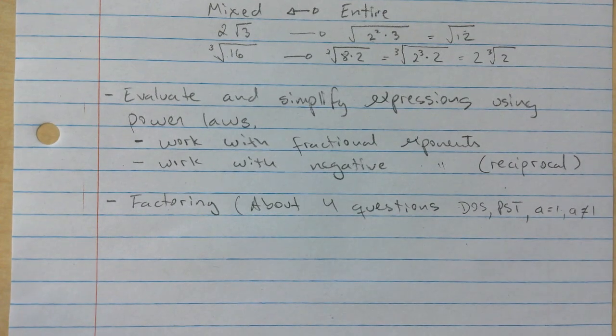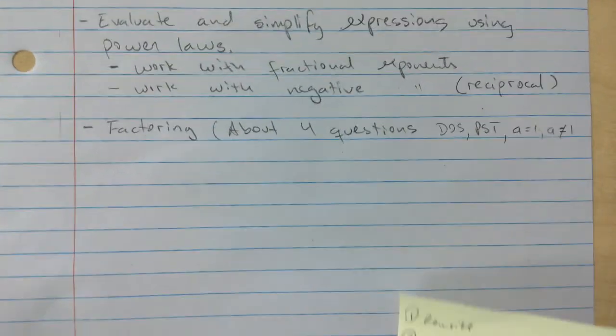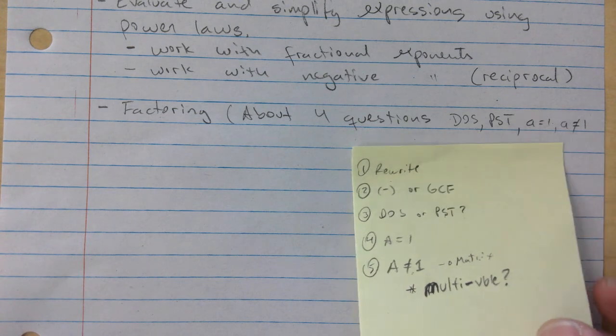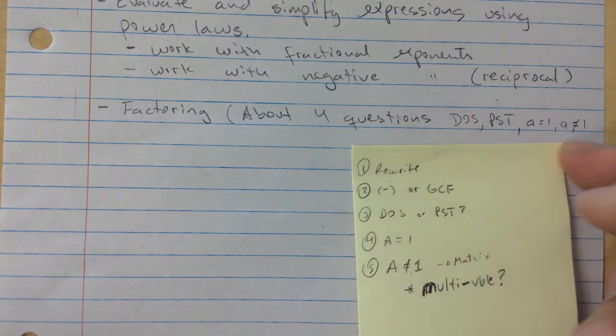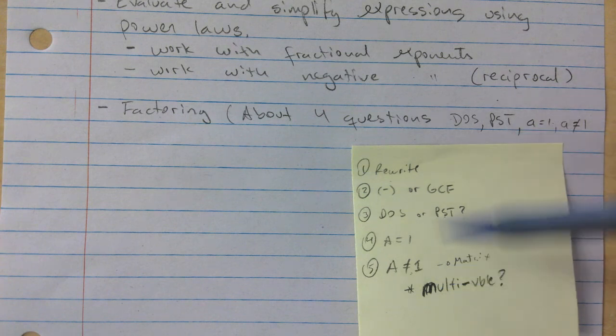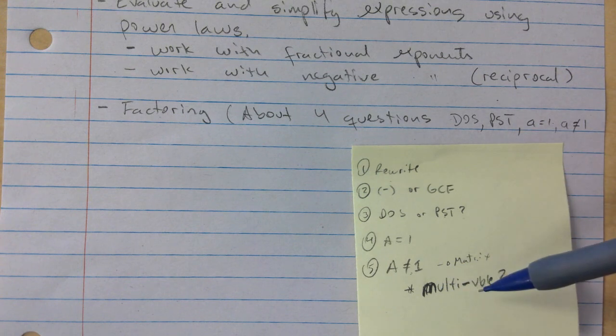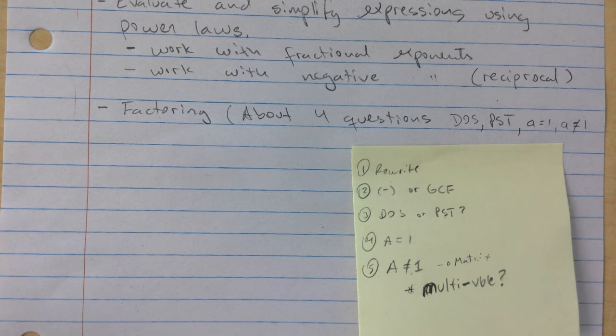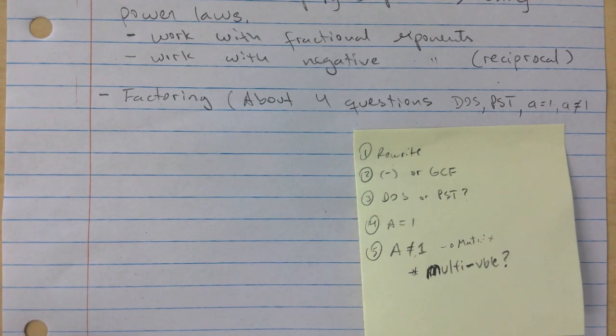And remember the rules, the steps, I should say. And hint, hint, you can expect multivariable questions. I didn't have any multivariable last time, but it doesn't really change anything. You just have to be mindful of that extra variable that comes in there.